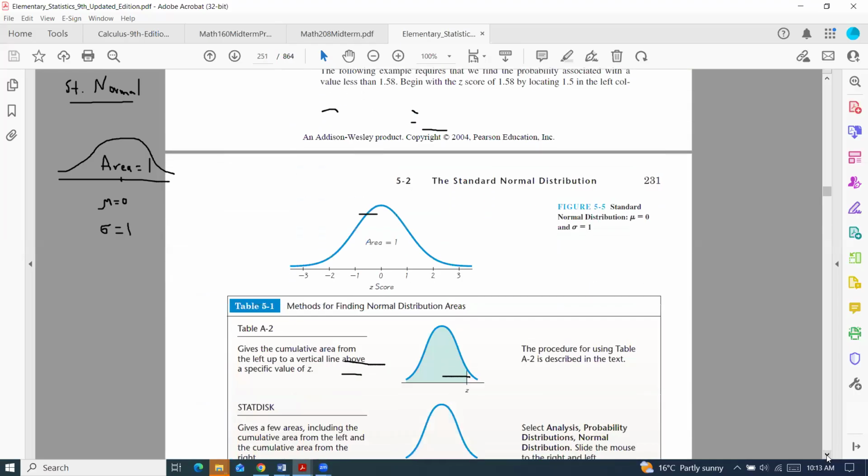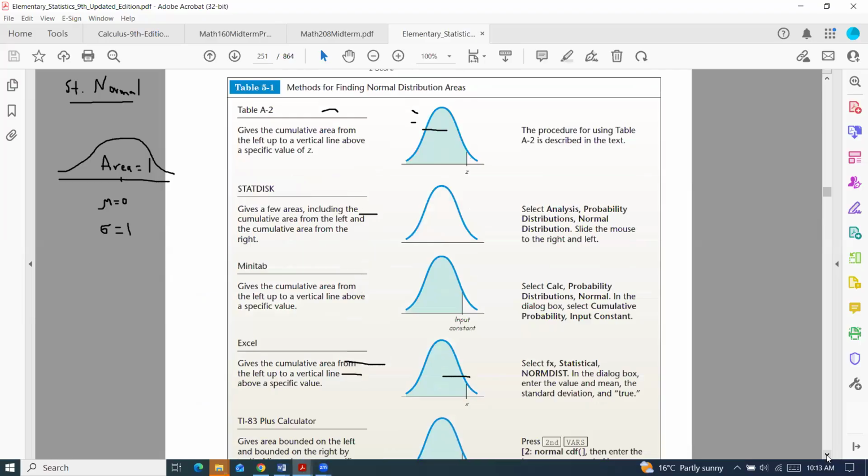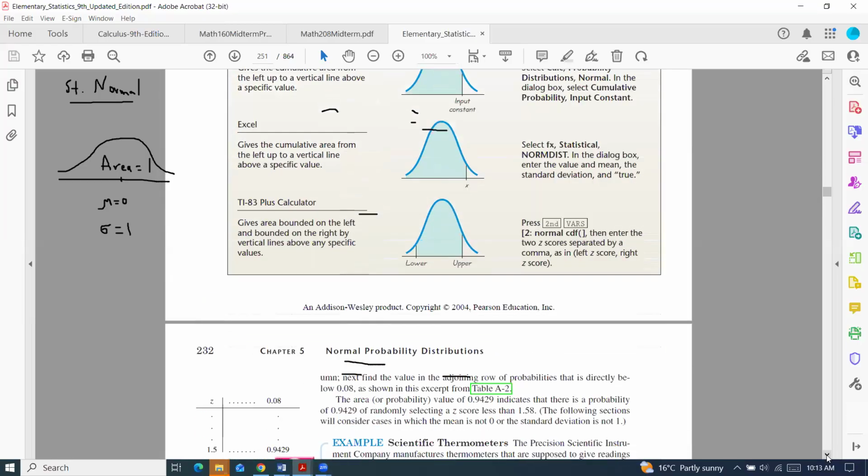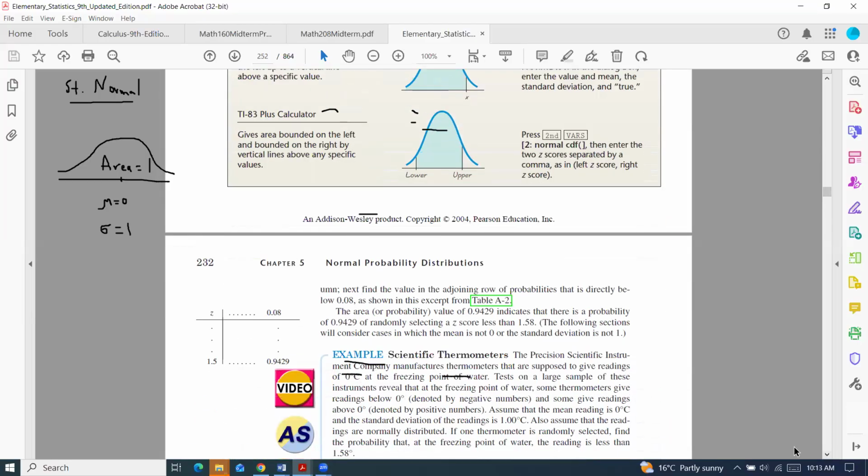So they have a nice discussion of this, but the point of the story is how to find various areas. They say the area under the curve is exactly the same as probability.